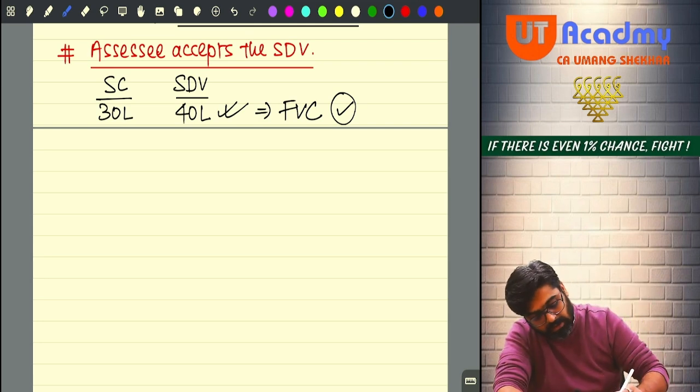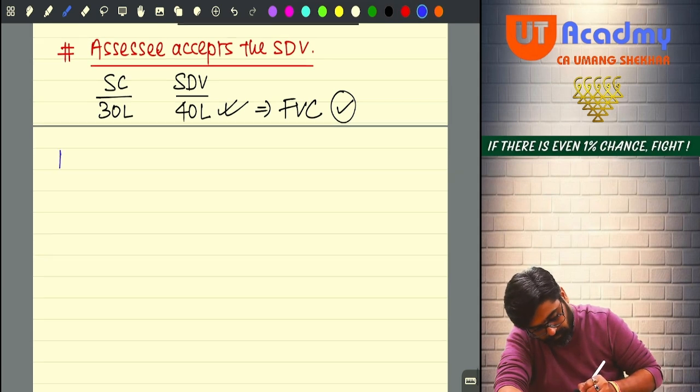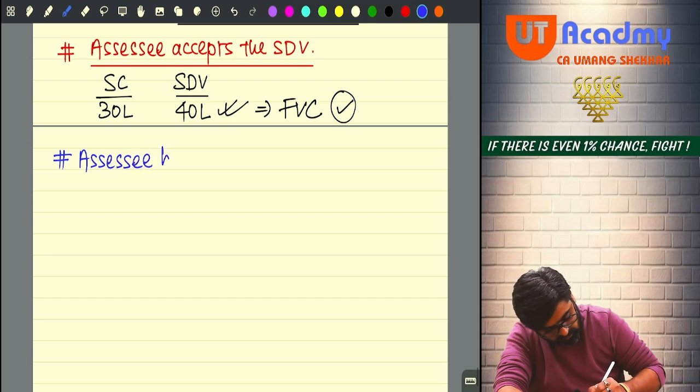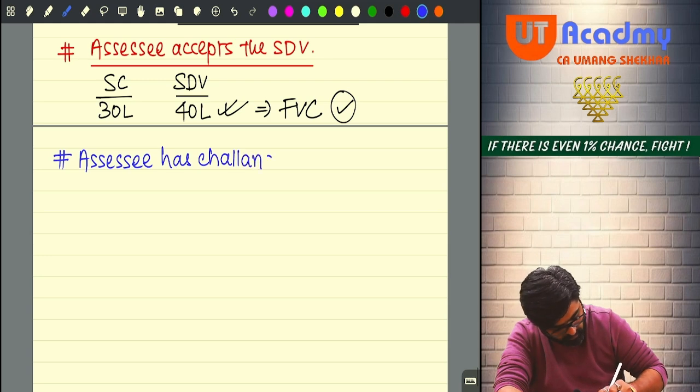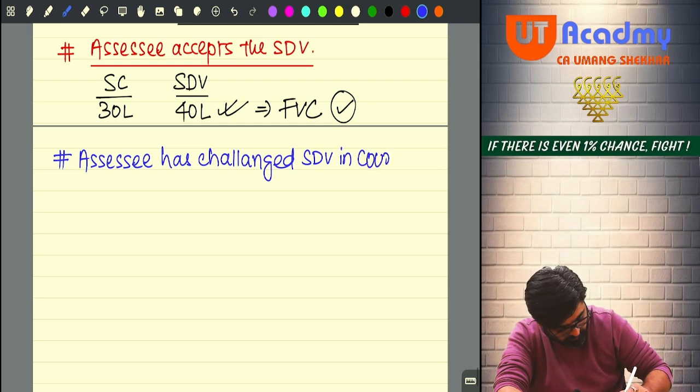Now, story number 2. Assessee has challenged stamp duty value in court.